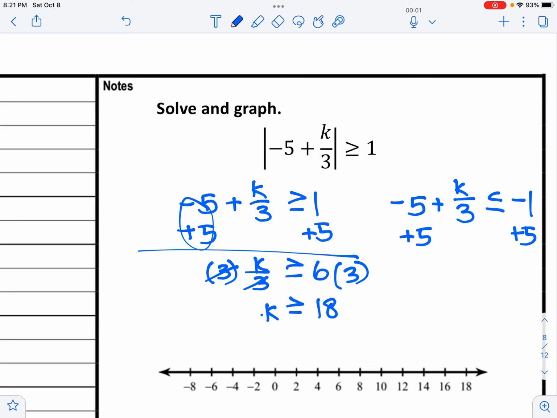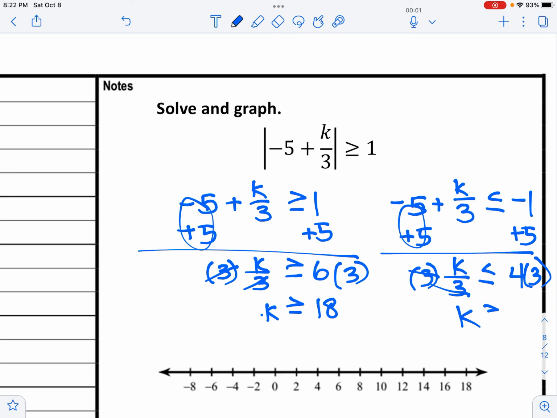We'll get a different result. Okay, and then multiply by 3. We get k is less than or equal to 12.